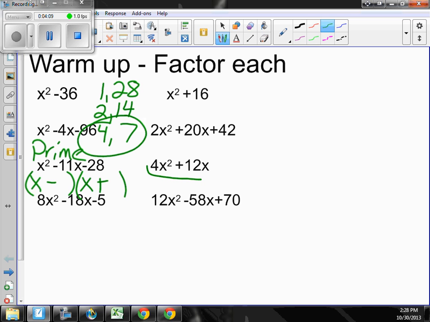Are there any common factors? 2 would work, 4 would work, and 4x would work. So the greatest common factor among those 2 terms is 4x. So I pull out a 4x. What's left? Just x plus 3. And that's it.